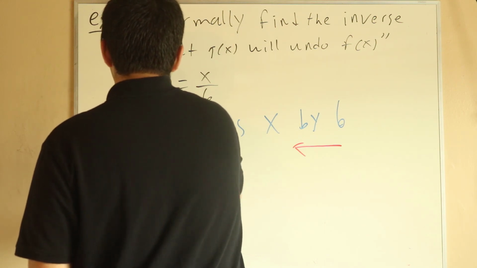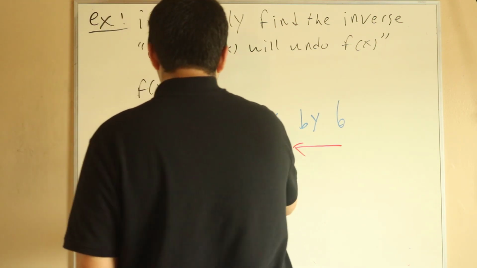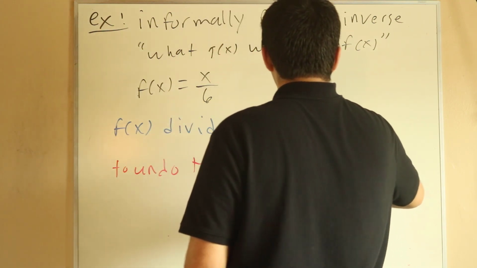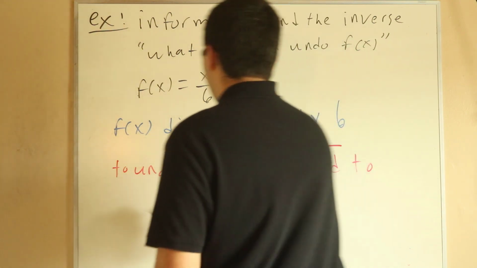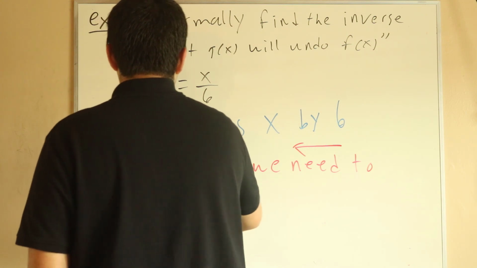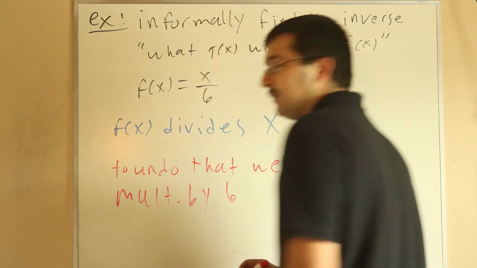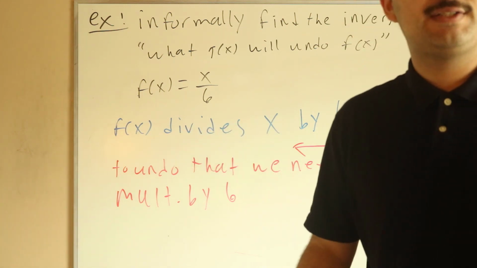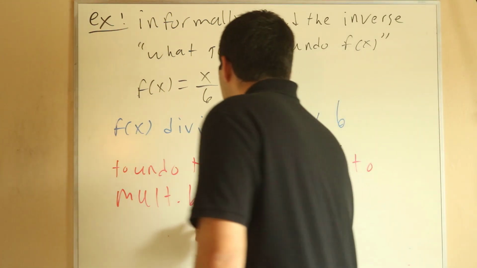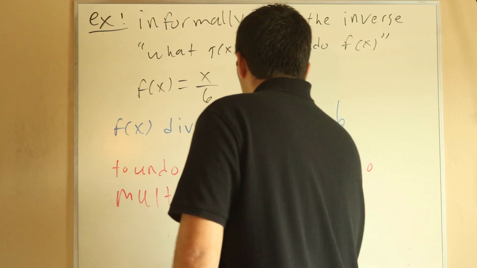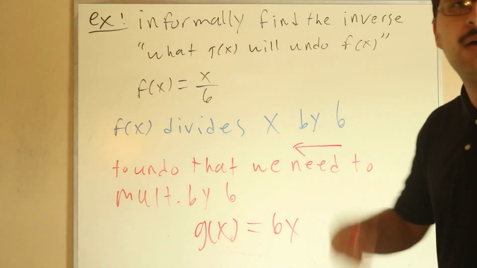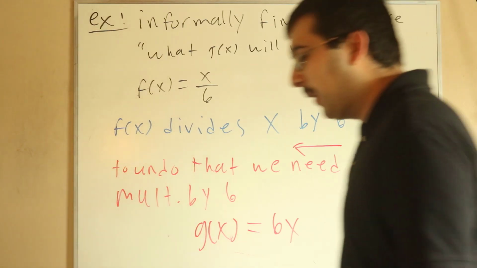So to undo that, we need to multiply by 6. Alright? So if I want to undo a division by 6, I want to multiply by 6. Therefore, my g of x must be 6x. And there you go. That's my inverse function. Okay?